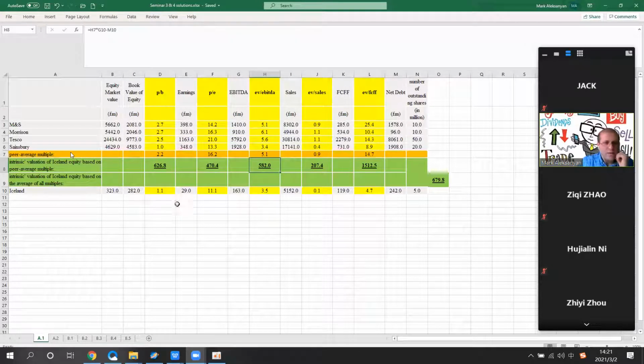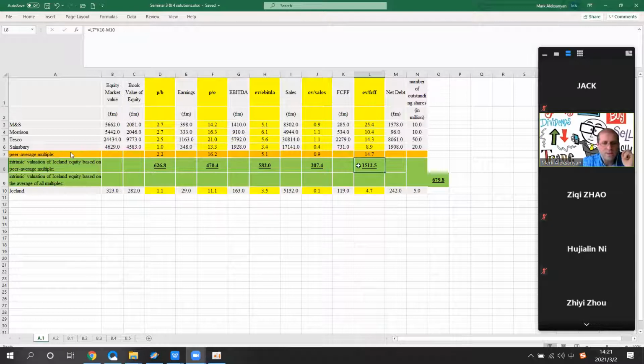So essentially what we now have is 1, 2, 3, 4, 5 different estimates of Iceland's intrinsic value. As we can see, all these estimates are vastly different from each other.